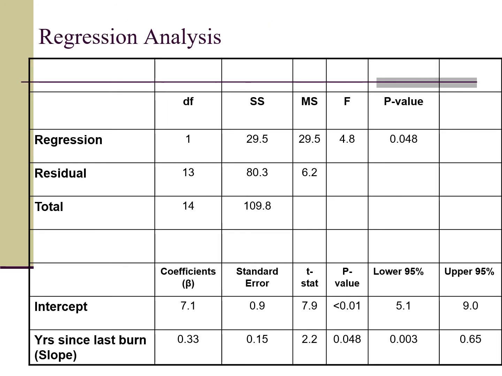And we can do these calculations, knowing what our slope and our intercept are, beta 0, beta 1, and we can calculate this, okay? So for this, we have a single degree of freedom associated with the regression, okay? And a mean square of 29.5, okay? And a residual mean square of 6.2.